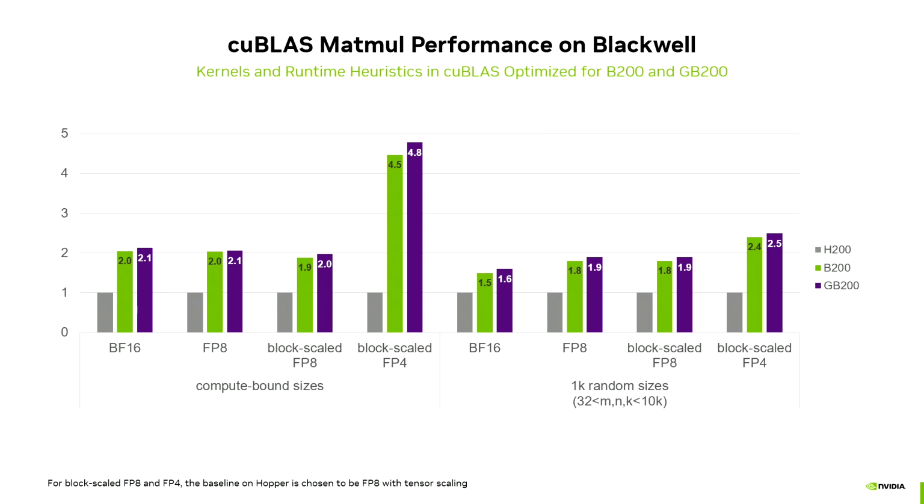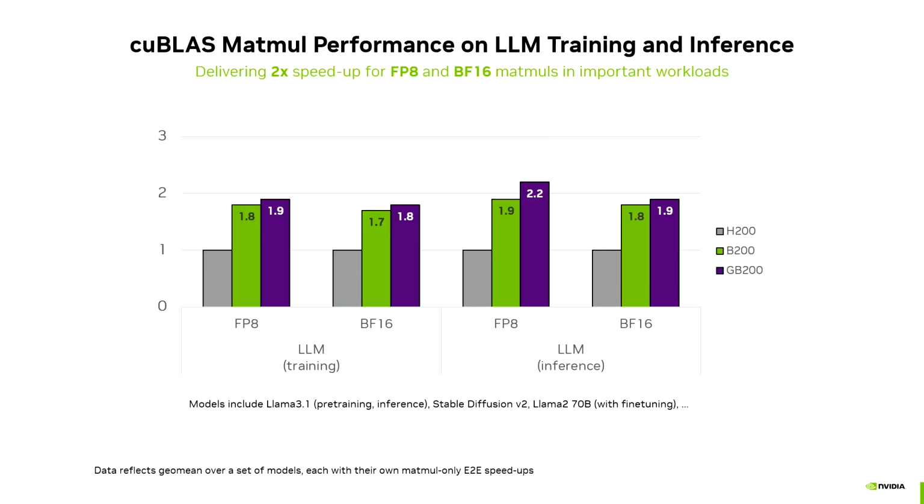And how are we doing on actual matmuls that participate in important LLM training and inference workloads? Here I grouped them into LLM training and LLM inference. These come from a variety of important models these days, Llama 3.1, et cetera. For LLM training, you can see that the matmuls in these models are accelerated by about 2x, either FP8 or BF16.